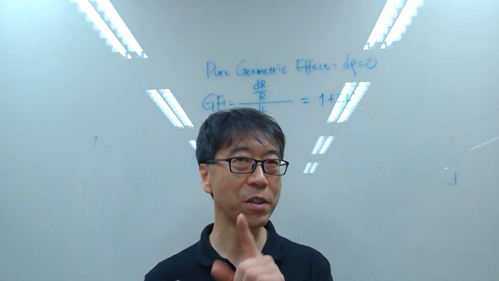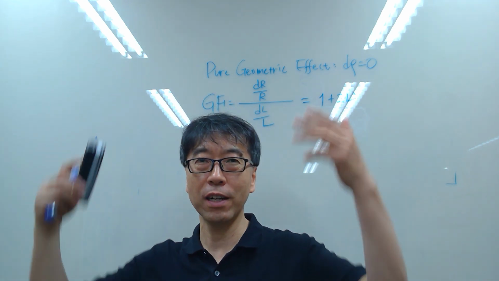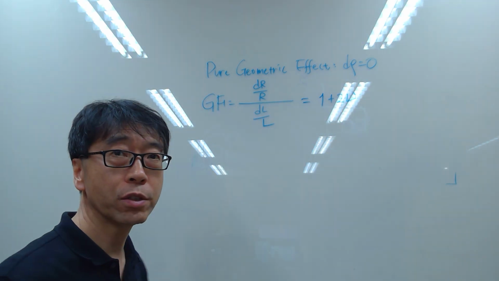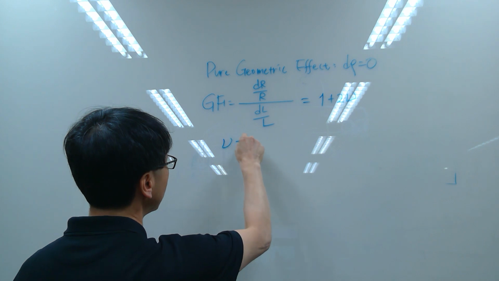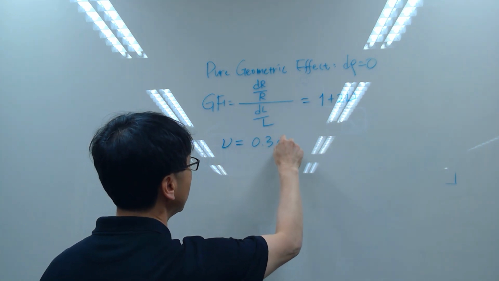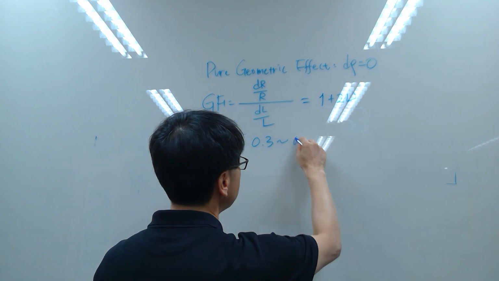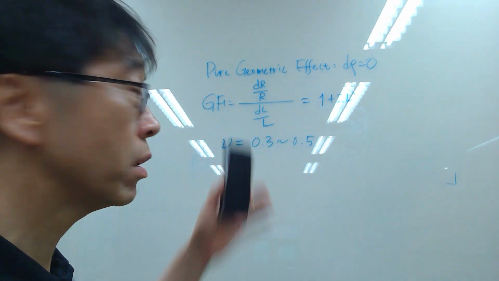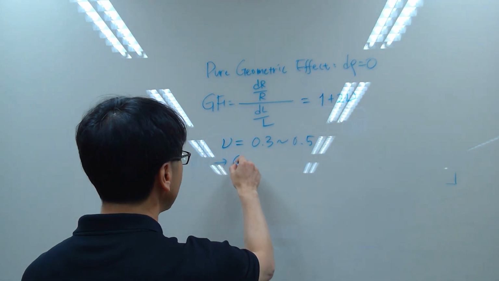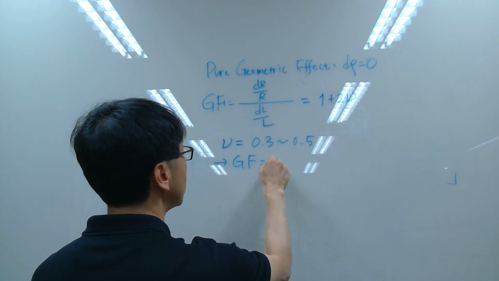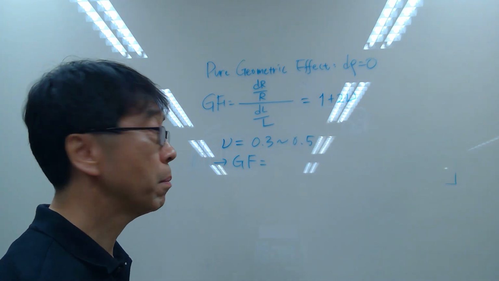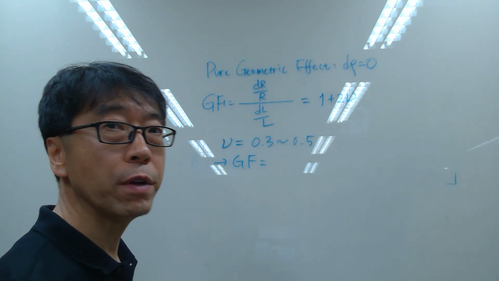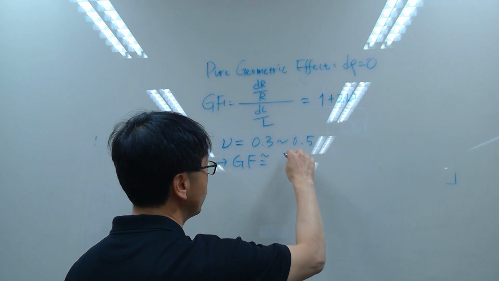If you have metamaterial, trust me, you can come up with an invisible, what is it called, shield. Anyways, so nu typically will be 0.3, a little bit big, sometimes 0.5. These are the typical range of this material. If you plug in 0.3, it'll be about 1 plus 0.6 or 1 plus 1. So gauge factor at a maximum value will be about 2.